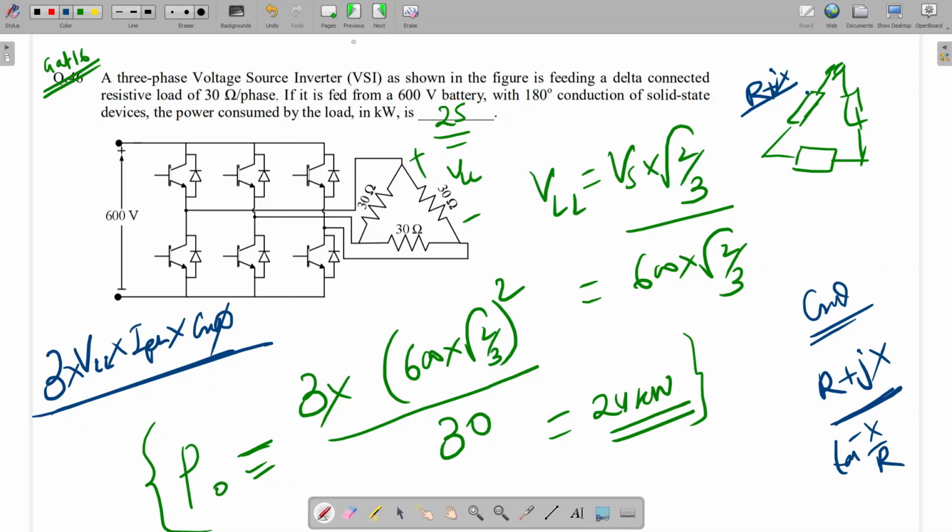You can also do this: cos phi equal to R by Z. Directly from this triangle you can do cos phi is equal to R divided by Z, instead of calculating theta or phi and then applying cos phi. Is it clear? Yes, sir.